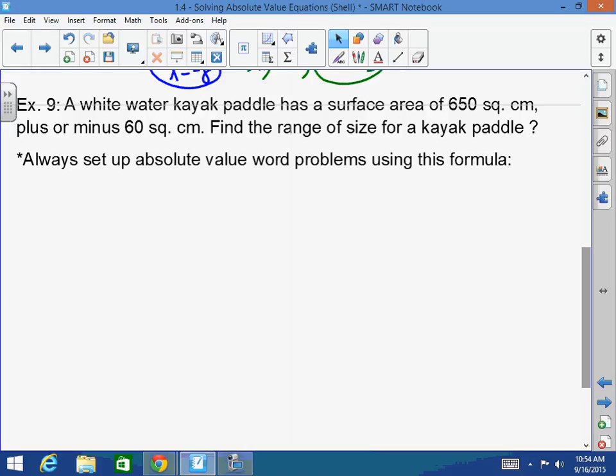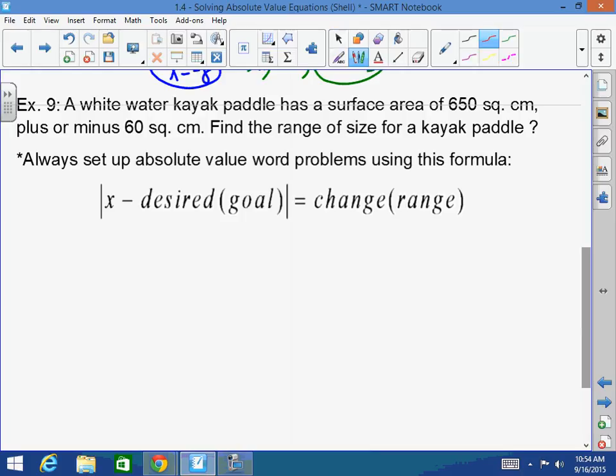Do you guys think that every single cereal box has exactly the same amount of cereal? Each one of them is exactly equal? There's a little bit of variance. That variance comes from this formula: the absolute value of x minus the desired, that's the goal, equals the change, which is also known as the range. So the goal of the surface area of a kayak paddle is 650 square centimeters.